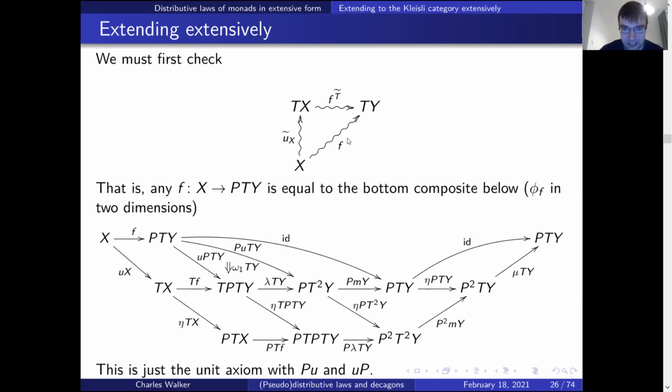And so you need these things to be equal, and you end up with this coherence diagram. What condition do you need to make this work? The only thing you need is this triangle with U P lambda and P U. In one dimension, omega 1 and phi are just names for some condition. But in the 2-dimensional case later on, these are going to be modifications.